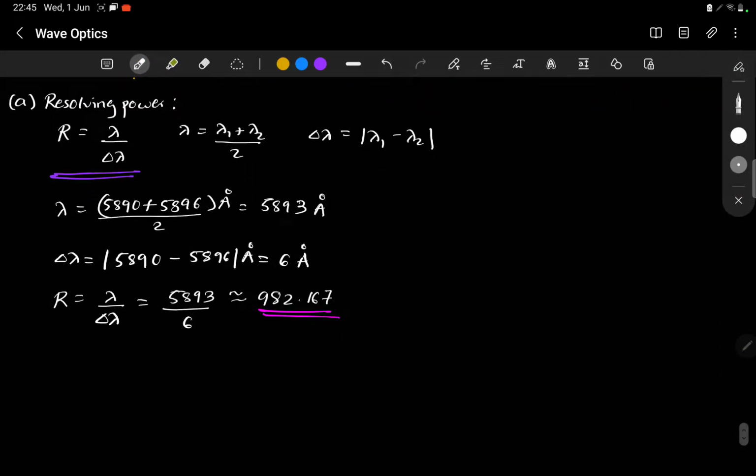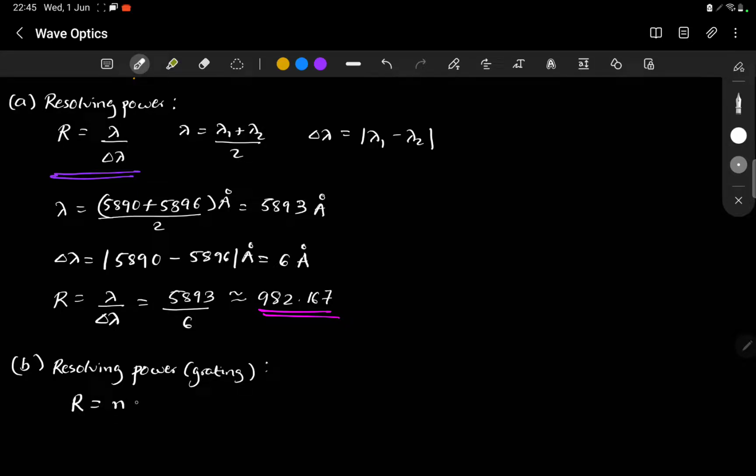Let us look at the second part. Now resolving power for a grating is also defined as follows.